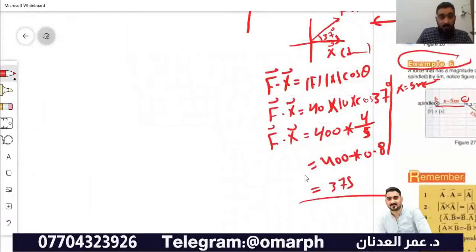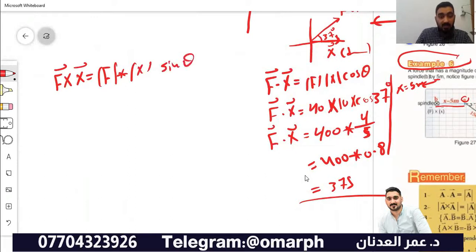Now that means vector F cross vector X equals F times X times sine theta. We know that we must use sine theta with the cross product and cosine theta with the dot product. All right.